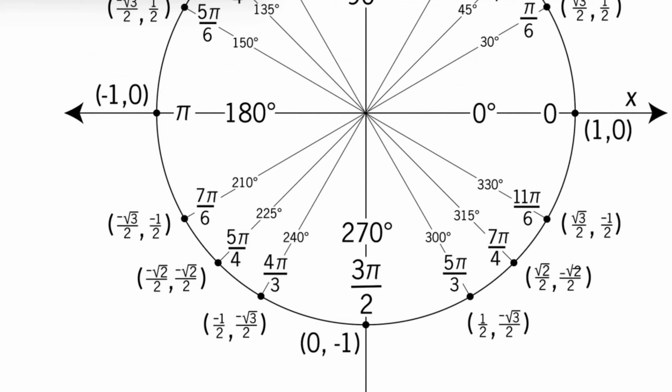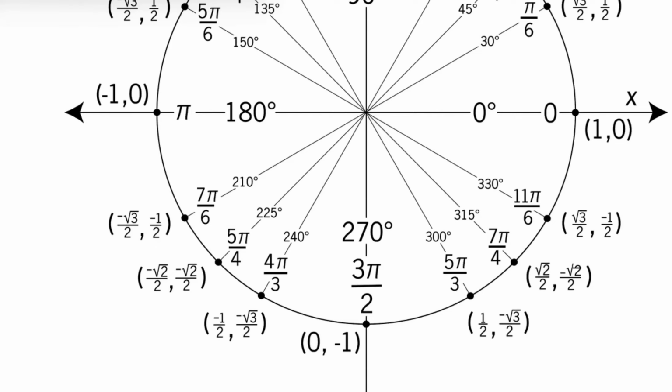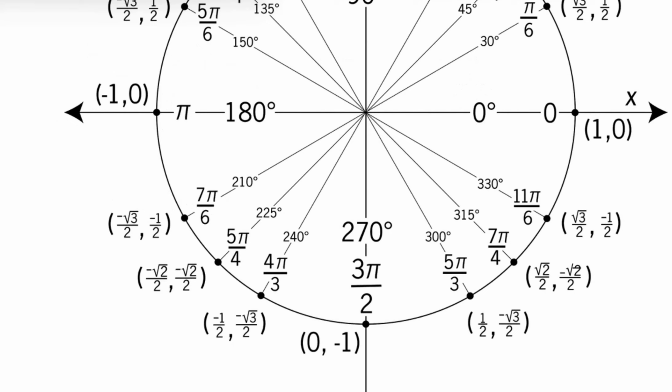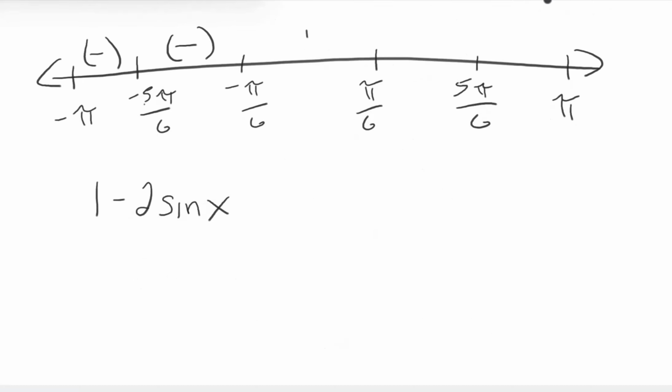If we look at from here over to here, it's still negative. If we're going from here to here, it's going positive.